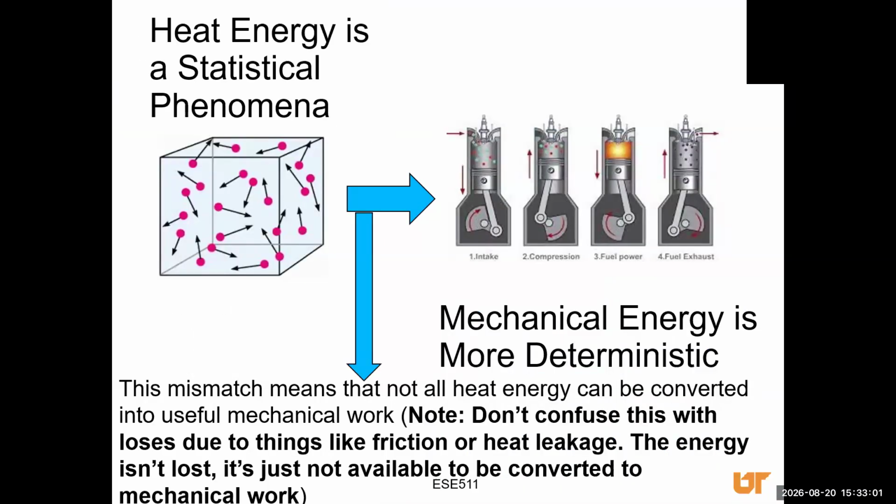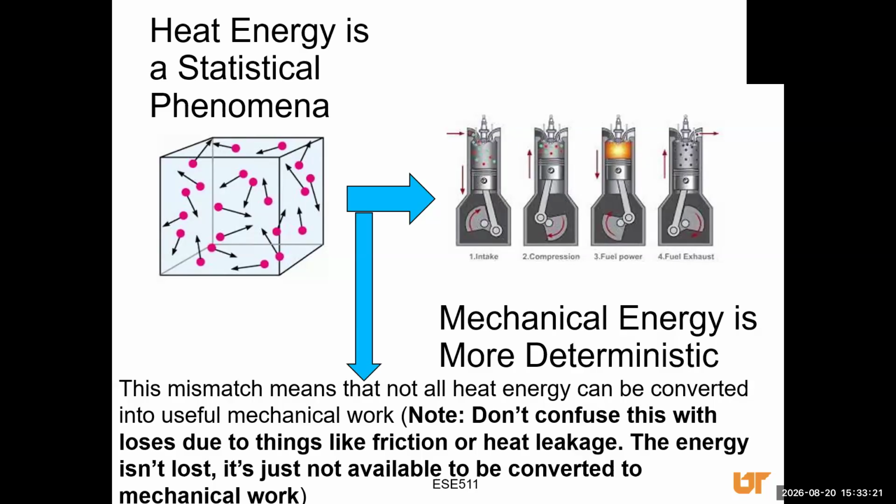So I started to ease into that topic by pointing out to you that heat energy is a statistical phenomenon. What I mean by that is it's distributed across all of these molecules in the system, but these molecules are moving in random directions, banging into the walls and bouncing around and changing their direction.